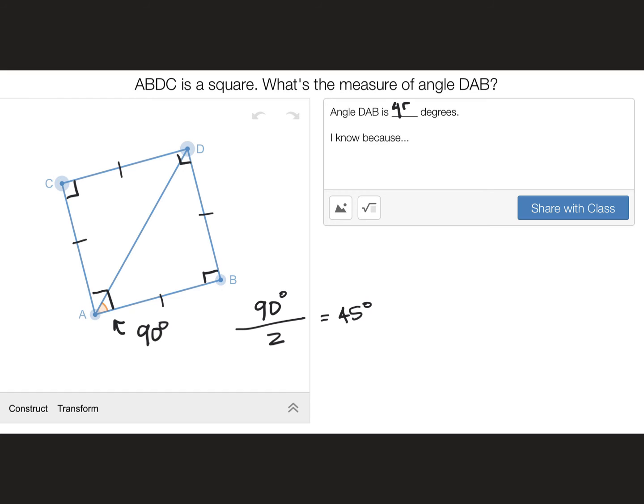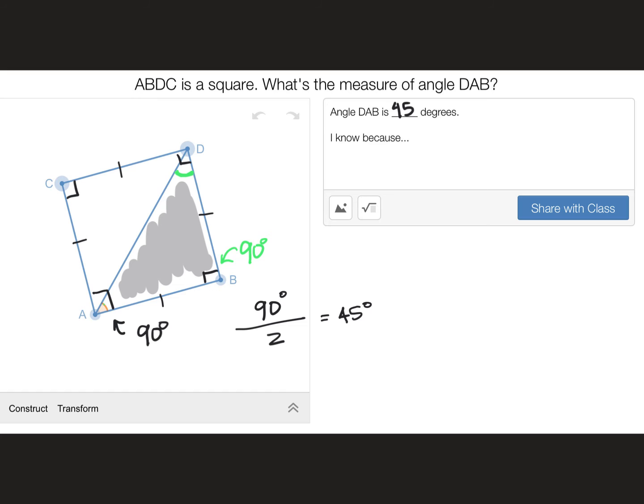That is one way to solve this. I also saw some students who came up with brilliant thinking where they said, well, this triangle right here, the triangle DAB, the whole triangle, it's got a 90-degree angle right here. We know that that's 90 degrees. And that means that this green angle and this orange angle must be equal.